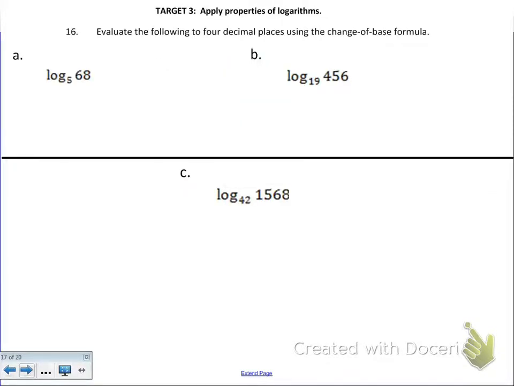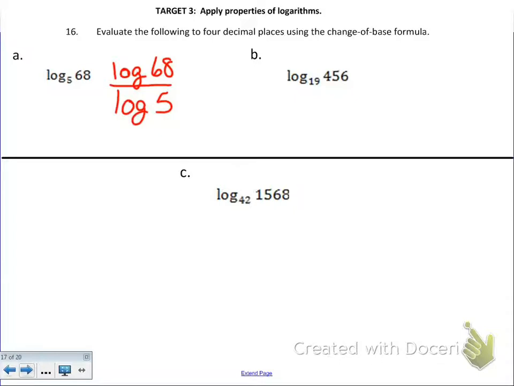Okay, this is using your change of base formula, just using your calculator. So we have log of 68 divided by the log of whatever the base is, in this case 5.